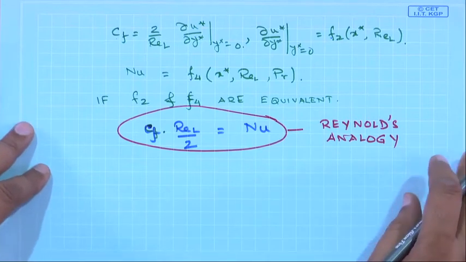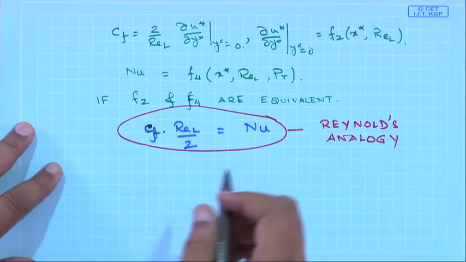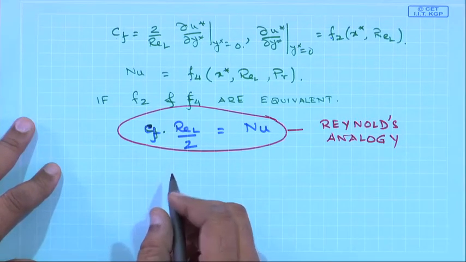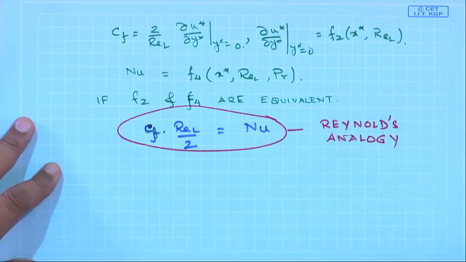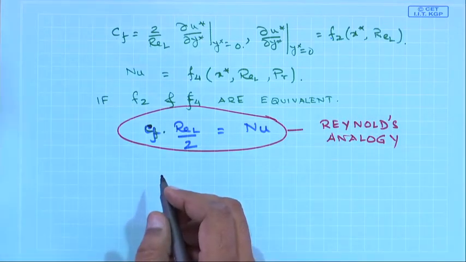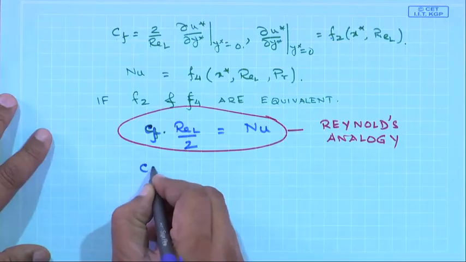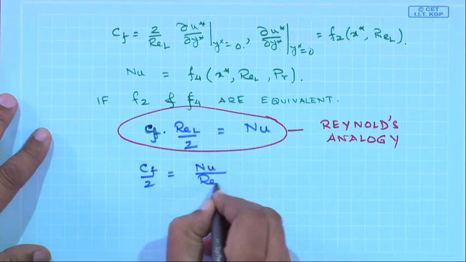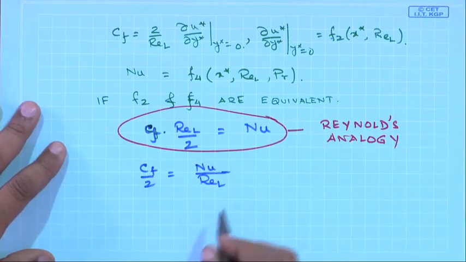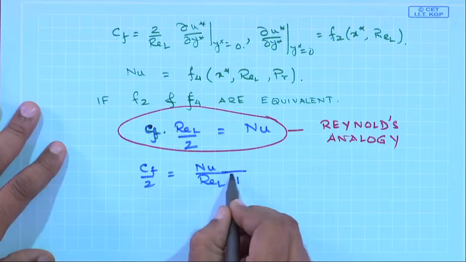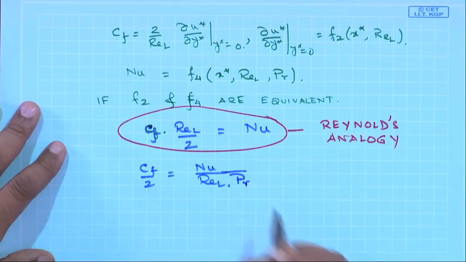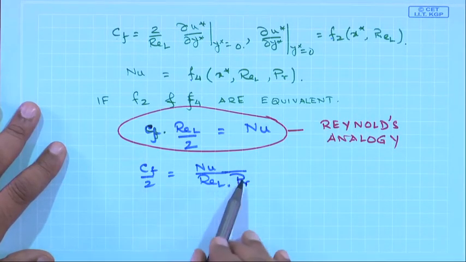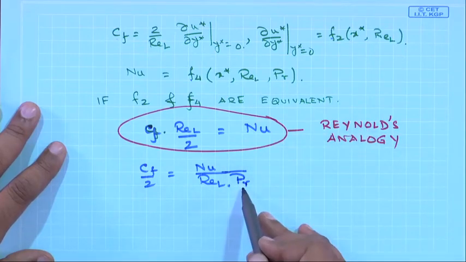Reynolds analogy. In some cases it is modified in a slightly different way, where it is written that Cf by 2 is equal to Nusselt by Reynolds number based on length. And since the value of Prandtl number is equal to 1, there is no harm in adding a Prandtl number in this case, since Prandtl number in Reynolds analogy is equal to 1.